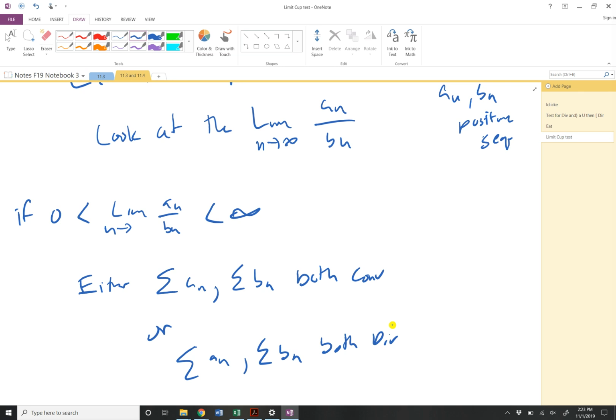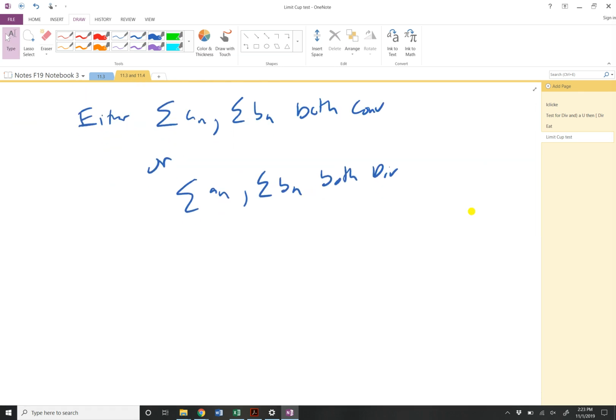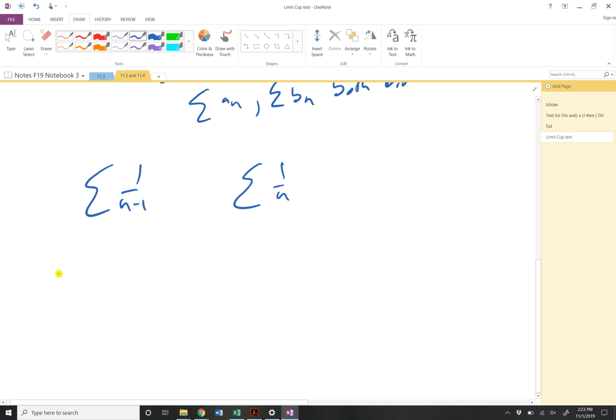Okay, so let's do that specific example. We had 1 over n minus 1, and we were going to compare it to 1 over n. So let's do the limit comparison test. So the limit as n goes to infinity... I set up my limit.